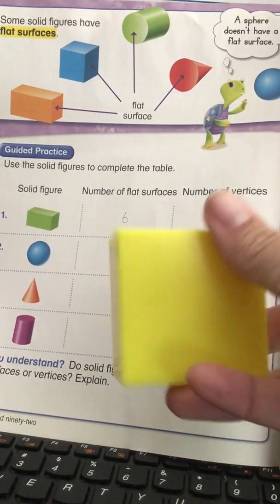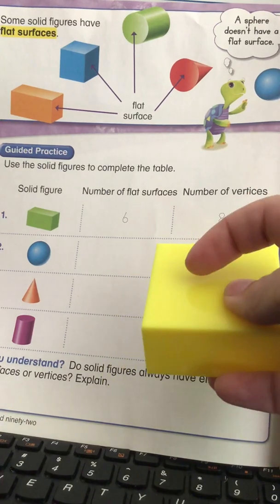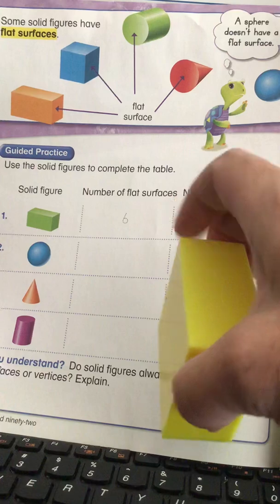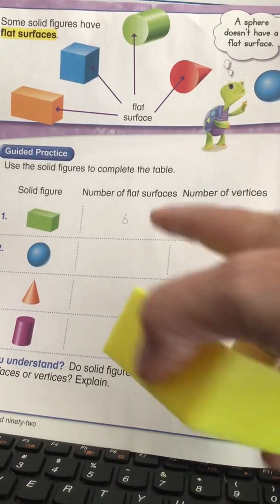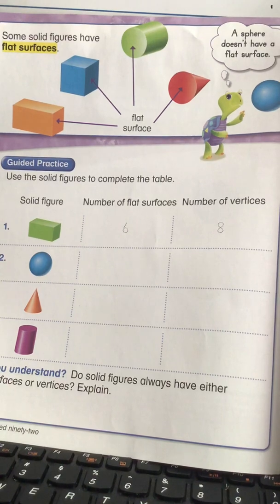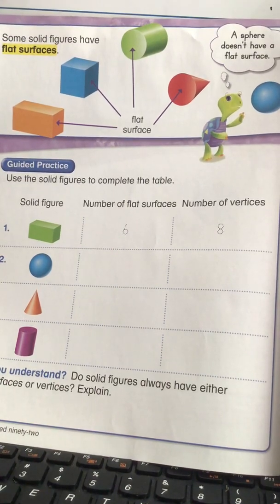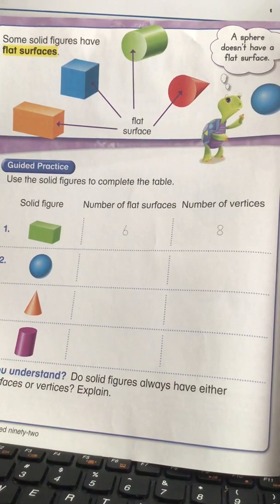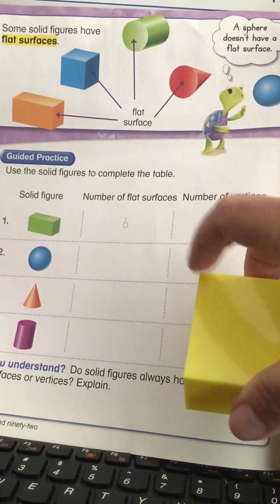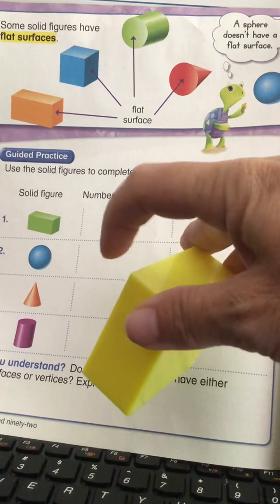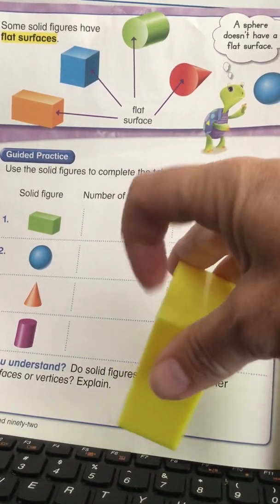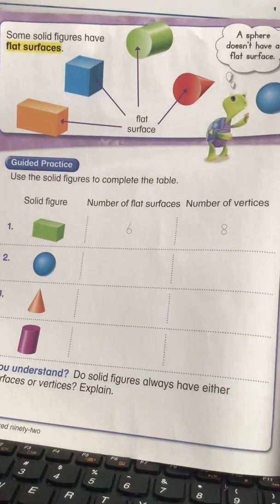When we count the flat surfaces, we have 1, 2, 3, 4, 5, 6. Go ahead and trace number 6. The number of vertices or points, 1, 2, 3, 4, 5, 6, 7, 8. Already done for you. Trace number 8.